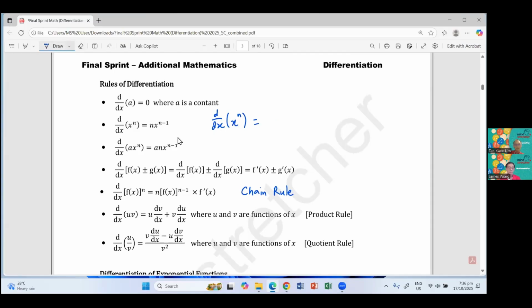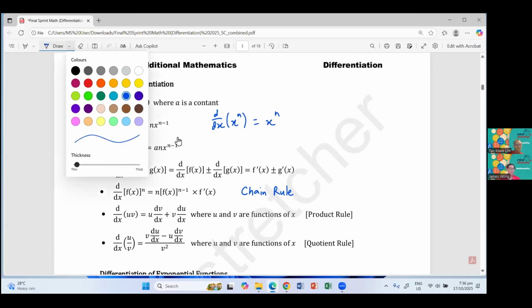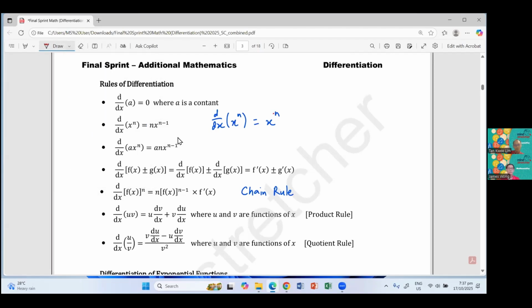It is as if you have your x, then your n, and what you do is bring this n down to the front. But on top of that, you will have to put an n minus 1 over here, right?